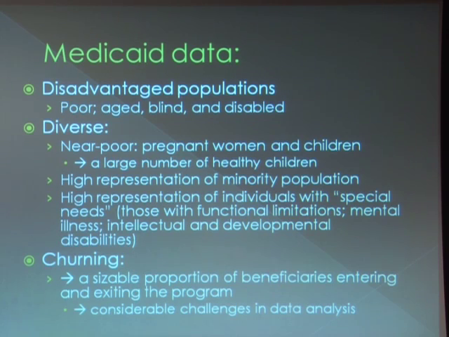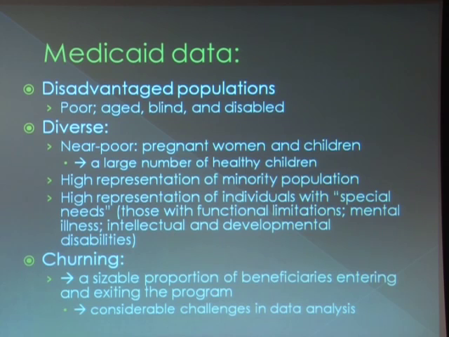And you also have the near poor, because the Medicaid program was expanded over the last several years to include people with higher incomes. Also, consider the fact that minority people are overrepresented in the Medicaid population, and also people who have special needs. This ties back to the disabled population.